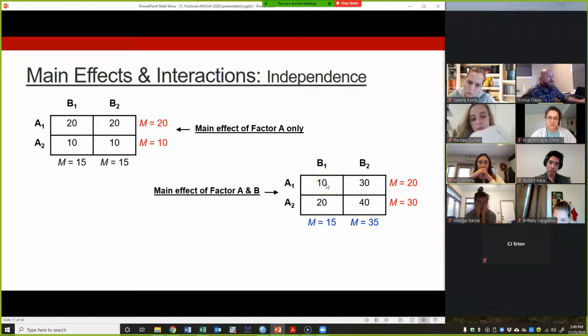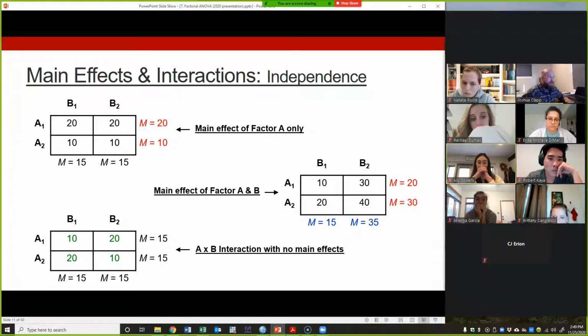At A1, we've got a 20-point difference between B1 and B2. At A2, same 20-point difference between B1 and B2. At B1, A2 is 10 points higher than A1. At B2, A2 is 10 points higher than A1, so no interactions here. But we do have two main effects. People see this?